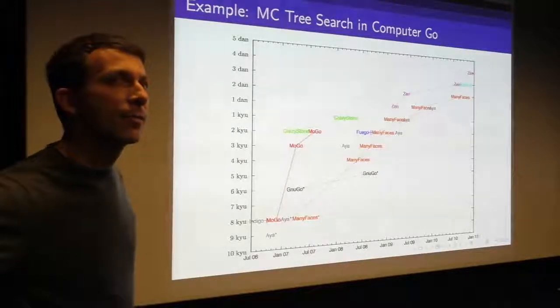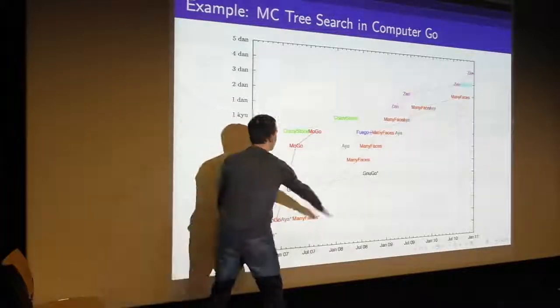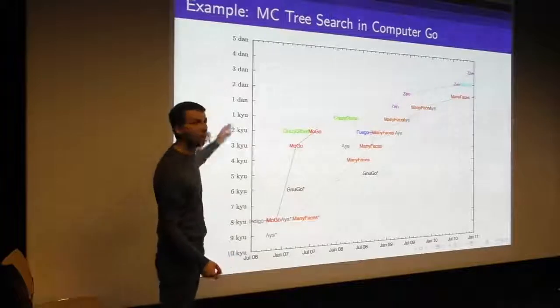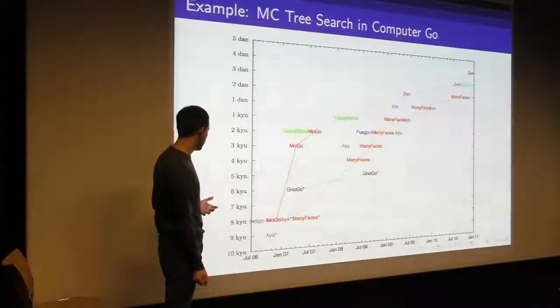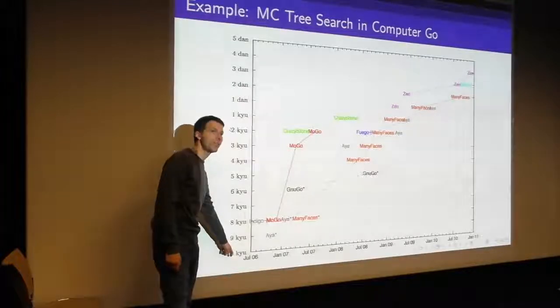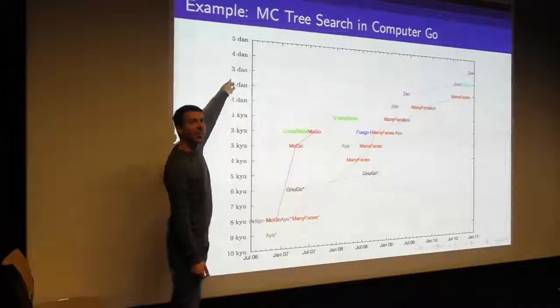Could you explain the y-axis? Ah, sorry, yes. I should explain this diagram. The x-axis is time. The y-axis is the strength of the Go program over time. This is the rankings that humans use. Starting from Kyu levels, where lower Kyu is better, and then higher Dan is better.